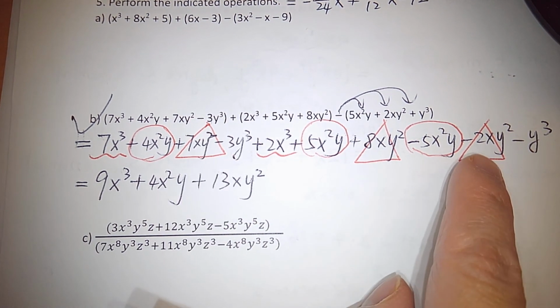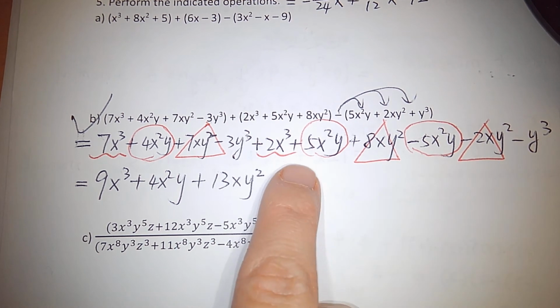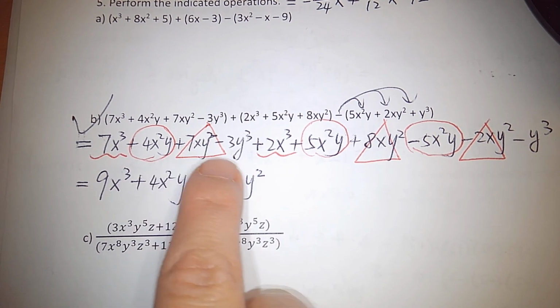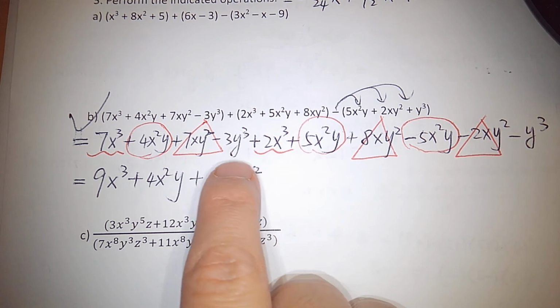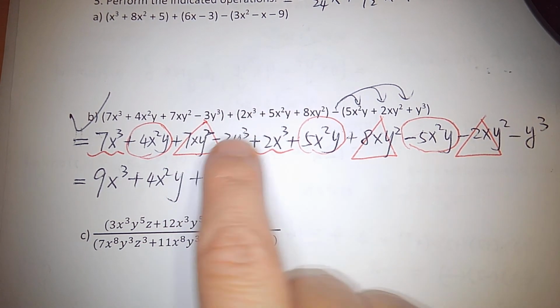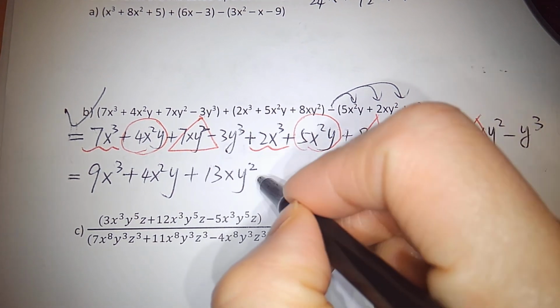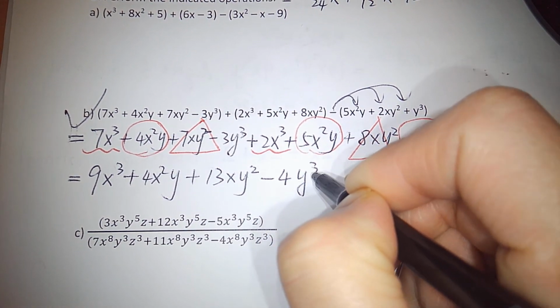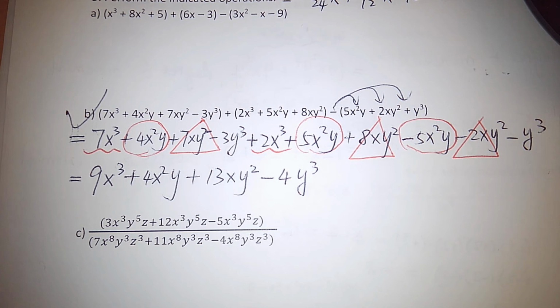I use a triangle for the three terms, right? And then eventually, see, all of these terms are already counted, so we don't have to worry about them. There is only a negative 3y to the cube and negative 1 y to the cube. So combine these two, they give us negative 4y to the cube. So far, so good, everybody?